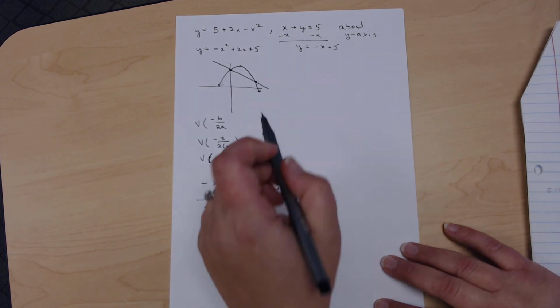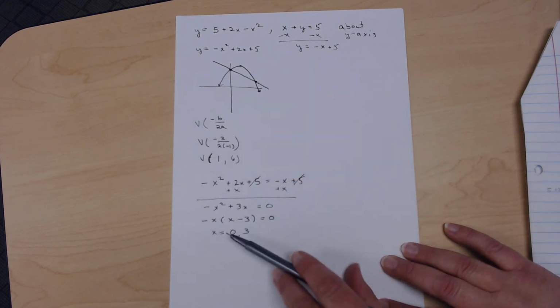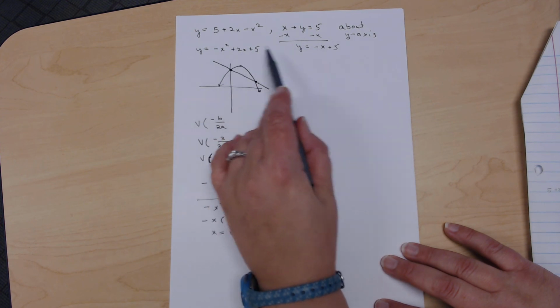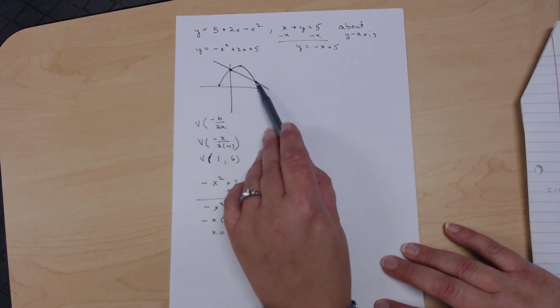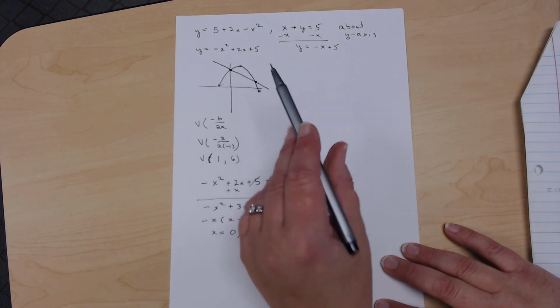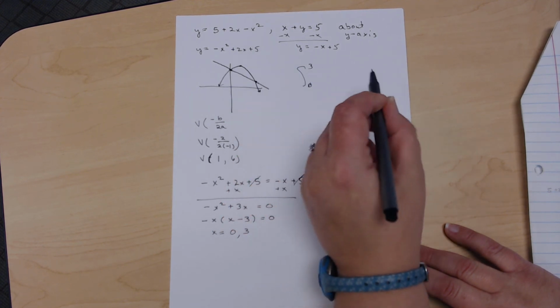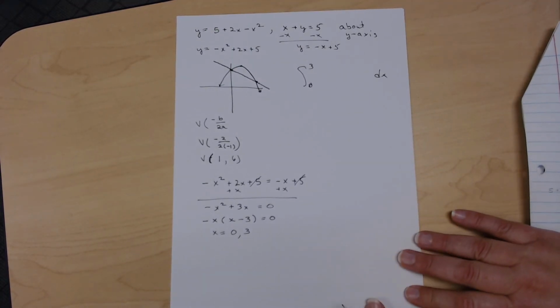So this is an x value of 3. So it's 0, which we kind of already knew because we just happened to find the y-intercept for both, and then at 3. Okay, so we actually know we're going from 0 to 3, and we know that we want it in terms of dx.